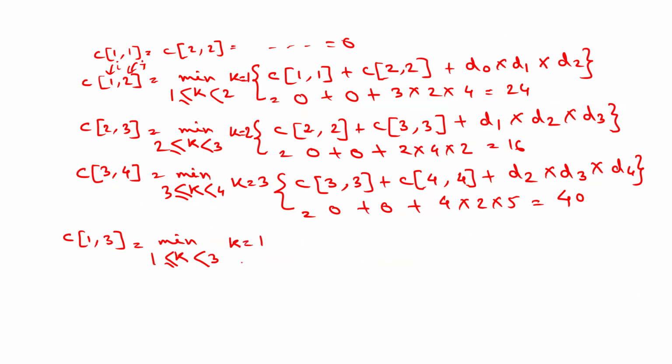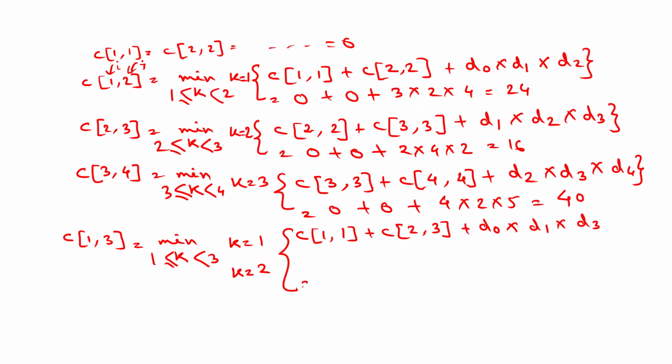One is k equals 1, another k value is 2. So if k equals 1, what will be the formula? The formula is C(1,k) where k equals 1, plus C(k+1), that is C(2,3), plus d(i-1), i here is 1, so d0, dk where k equals 1, and dj means d3.